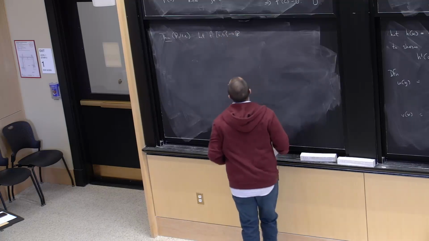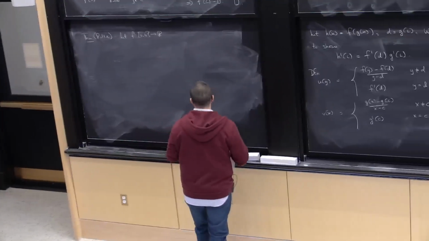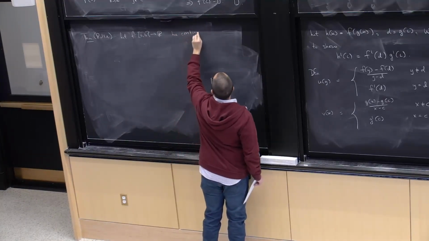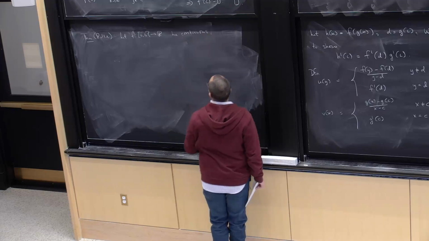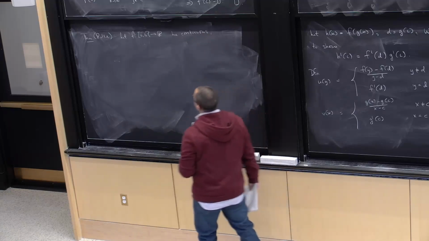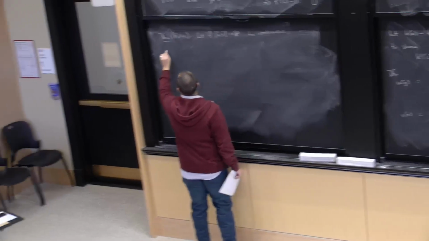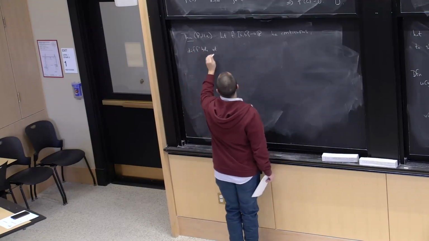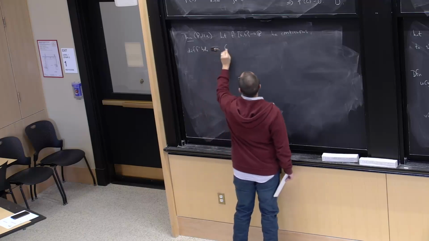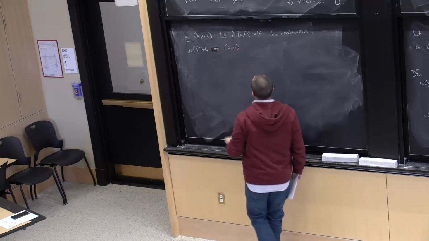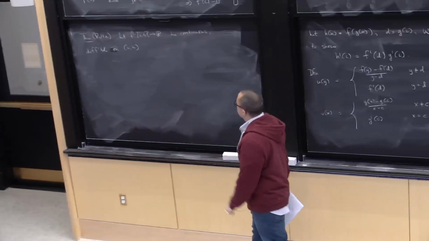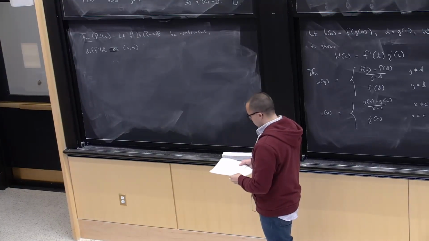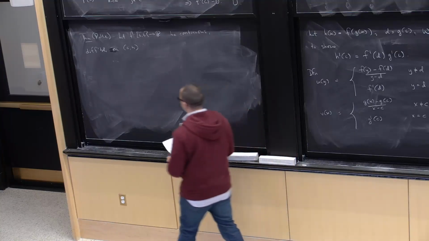Let f be a function from [a, b] to R, be continuous. So it's continuous at every point in [a, b], differentiable at every point inside of [a, b]. Okay? It could be differentiable at the endpoint, so that's fine, but it has to be differentiable on the open interval (a, b).